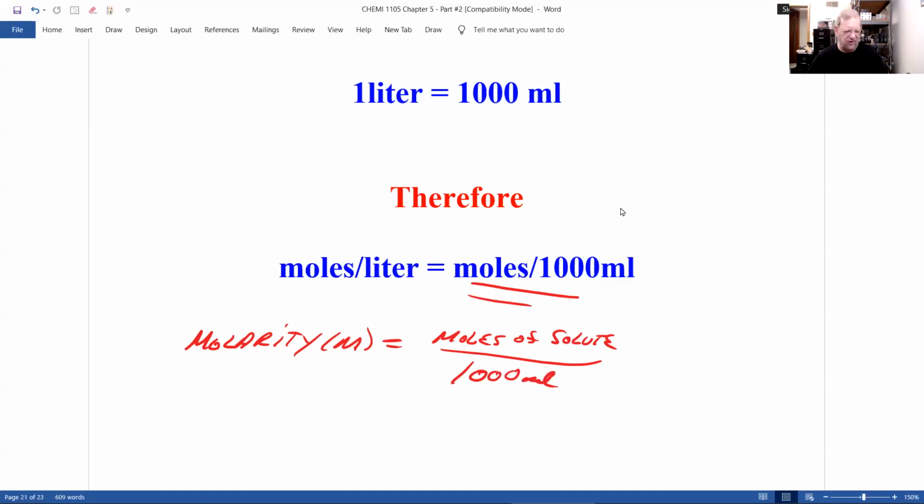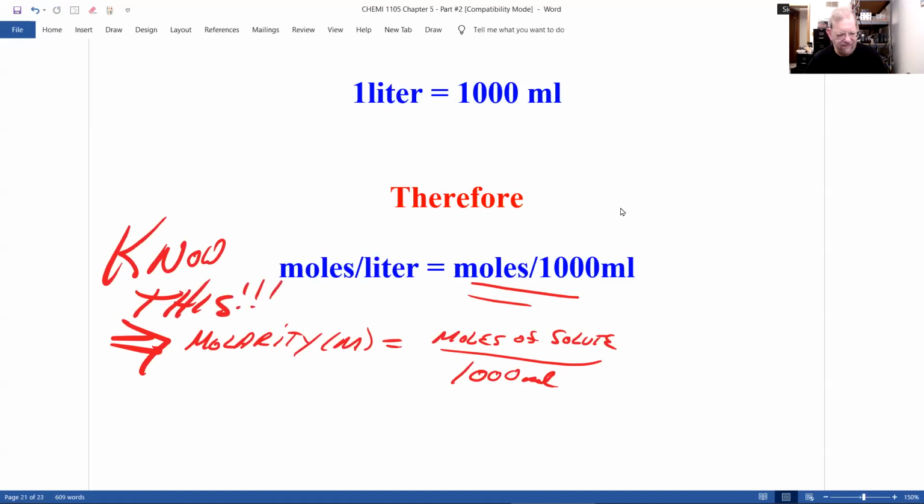And molarity, you should know. Know this: molarity, which is designated by capital M, is moles of solute per 1,000 milliliters.